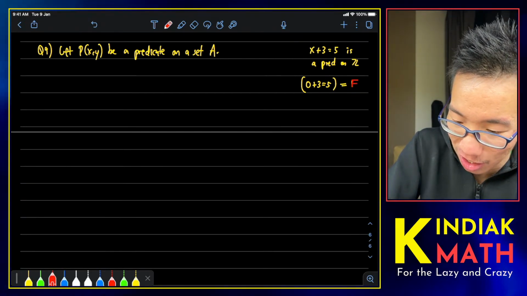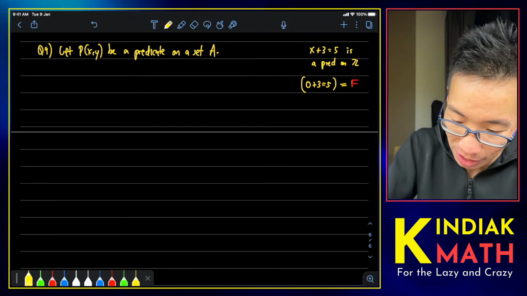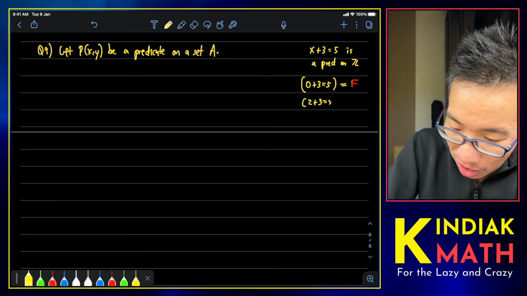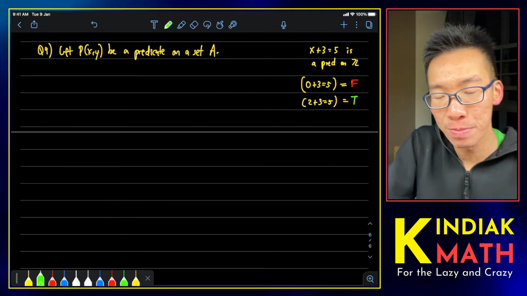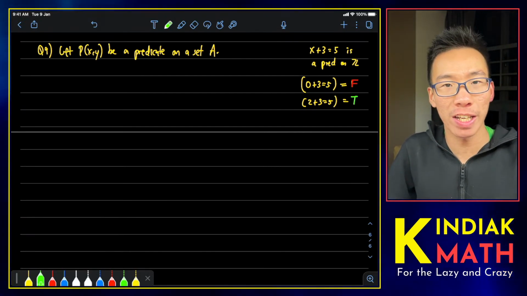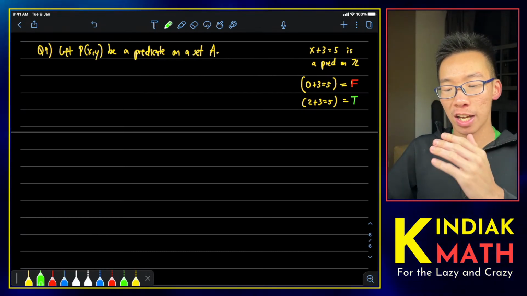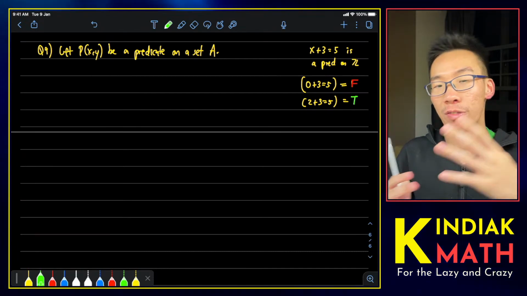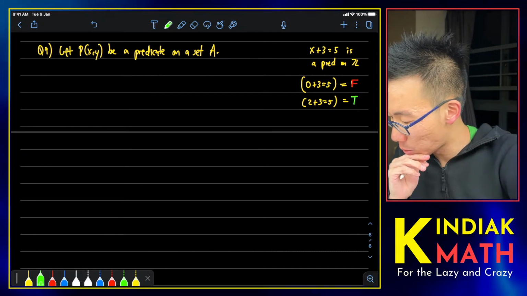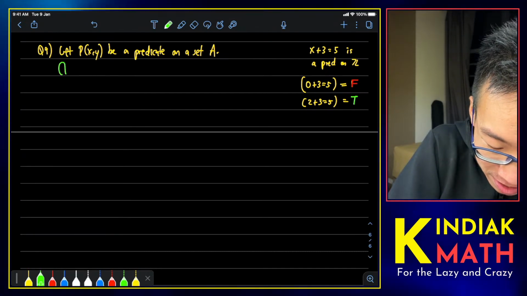The computer is gonna say false. And if you plug in a correct value, it's gonna reply ding ding, true. So that's what I mean by a predicate. When you plug in an item from the set, you get a proposition that can be true or false. So we want to prove, and our claim is this.